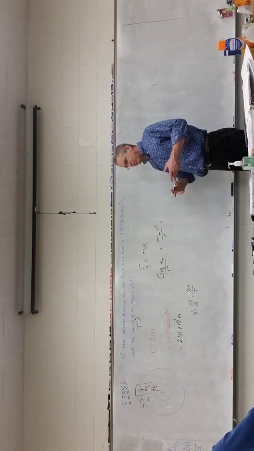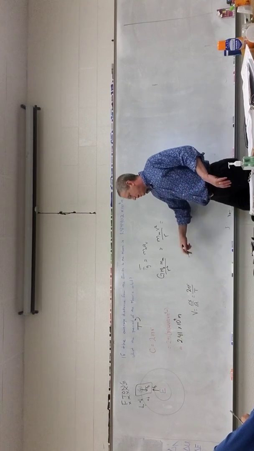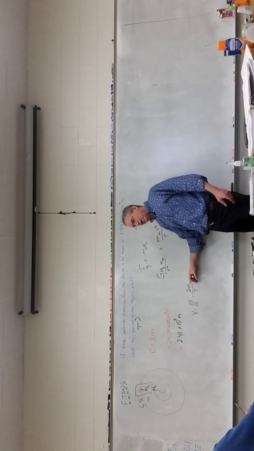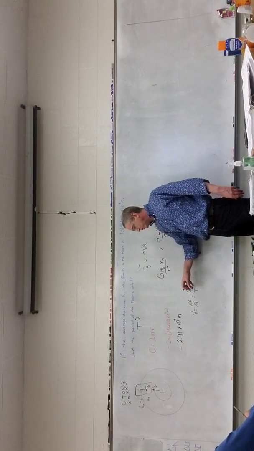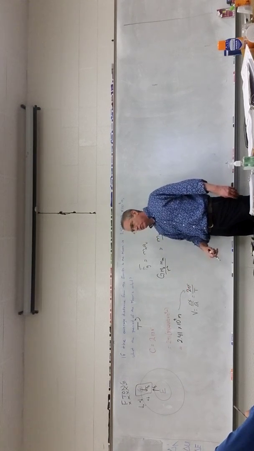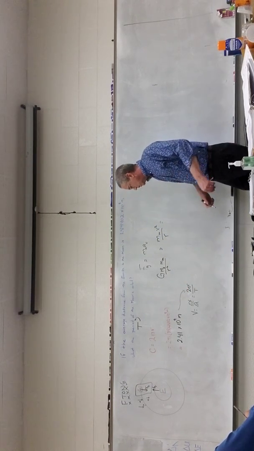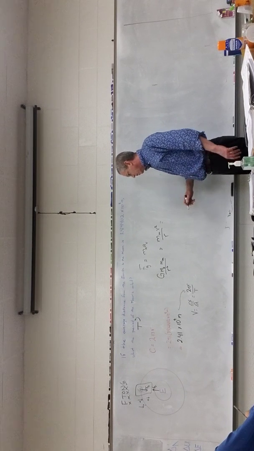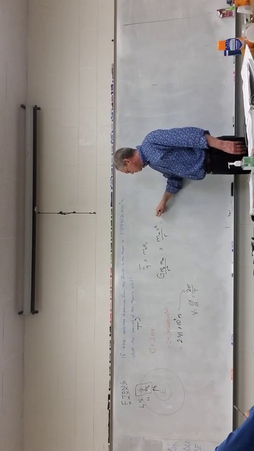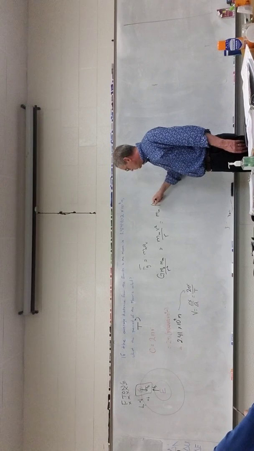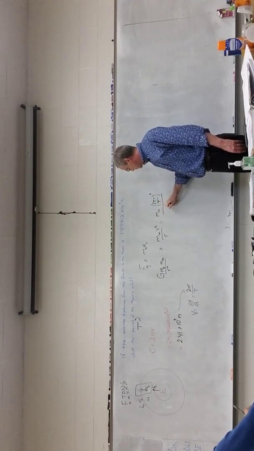So this is why I said before, we didn't actually have to know the value of 2 pi r. We can just leave it as 2 pi r and work through it, or plug that in if you want. It depends on at what point you want to stick numbers in. I'm going to hold off on that for the moment. So this becomes mass of the moon times 2 pi r over T, squared, over r.